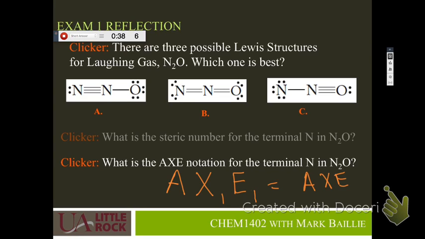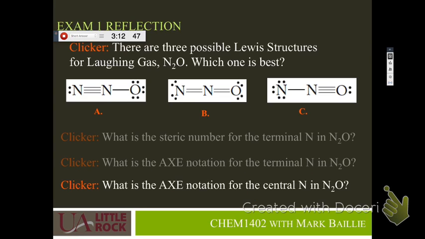Okay, so let's go through that same process, but let's do it this time with the central nitrogen in structure A. Go ahead and click in what the AXE notation is for the central nitrogen.